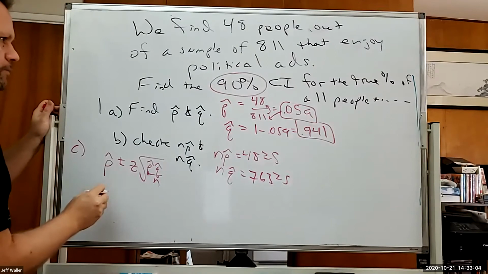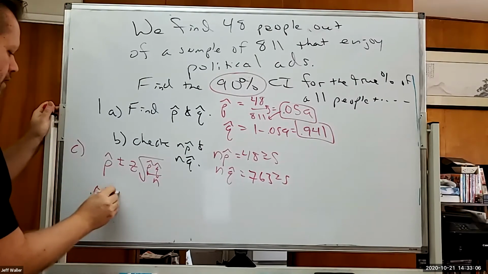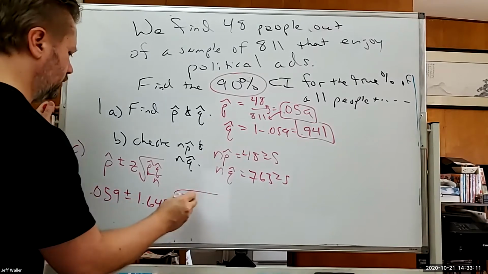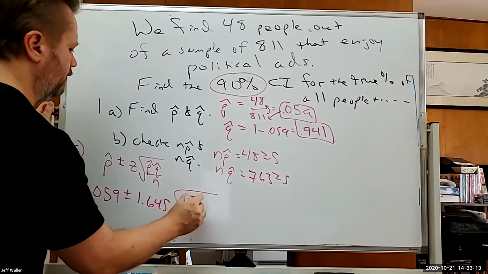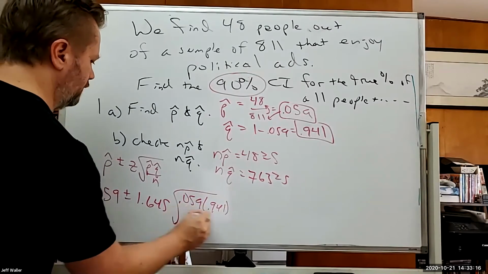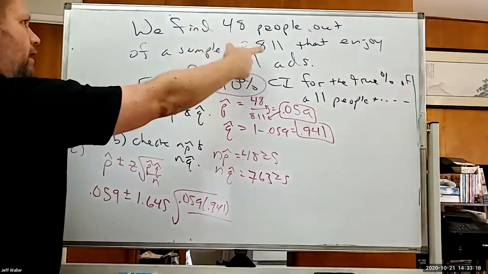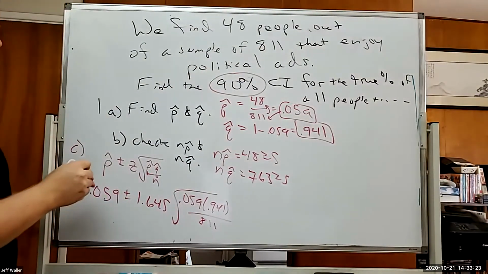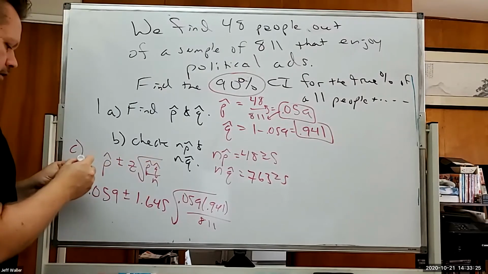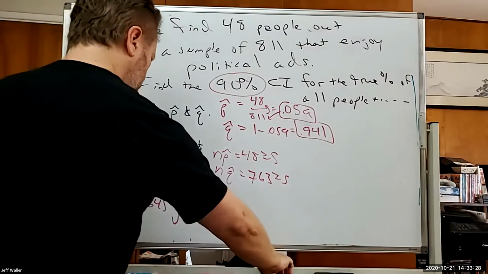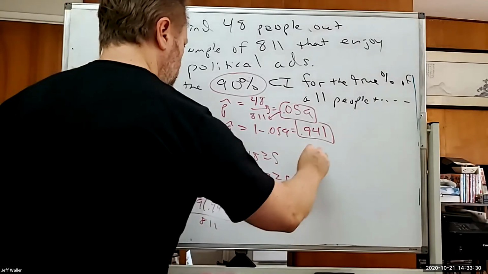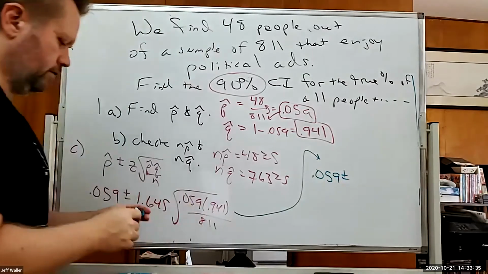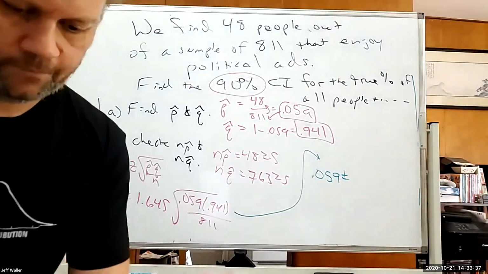So I've got P hat 0.059, give or take 1.645 times the square root of 0.059 times 0.941 divided by 811. Oh my goodness. I guess I could have used that space over there. I'll take this over here. So that's 0.059, give or take. Let's see what the error is.